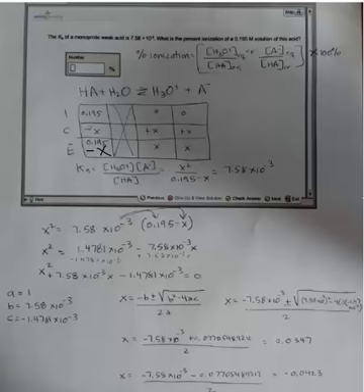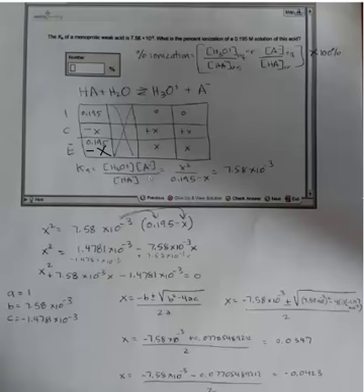In our ICE chart, our final row is the equilibrium concentrations, and we get that by adding our first two rows. So 0.195 minus x is our equilibrium concentration of our acid, and then x is going to be the equilibrium concentration of both hydronium and our conjugate base.